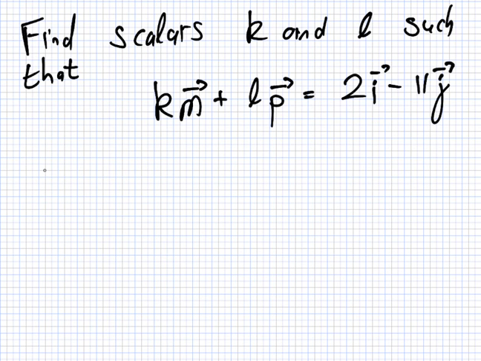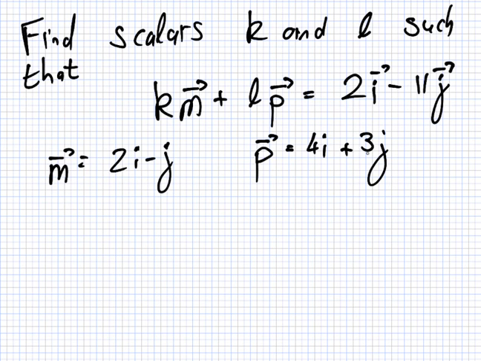And I also tell you that M equals 2i minus j, and P equals 4i plus 3j.